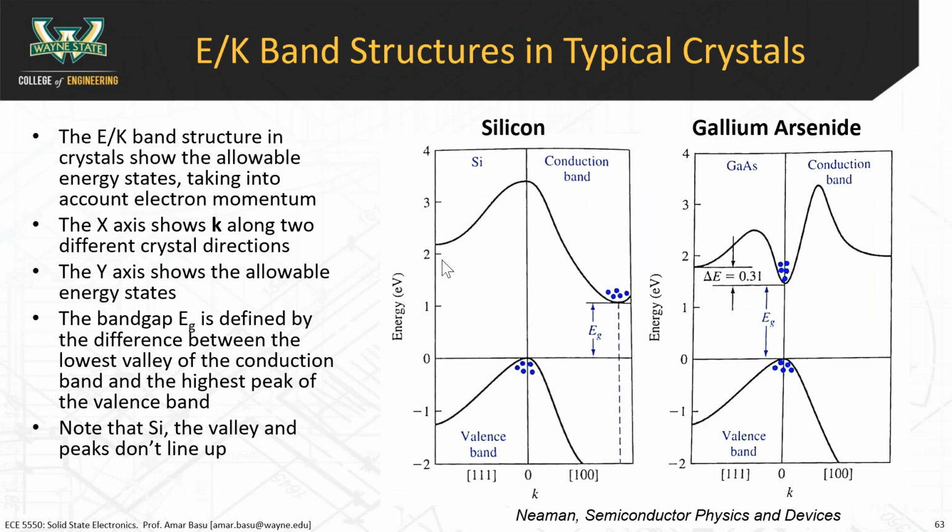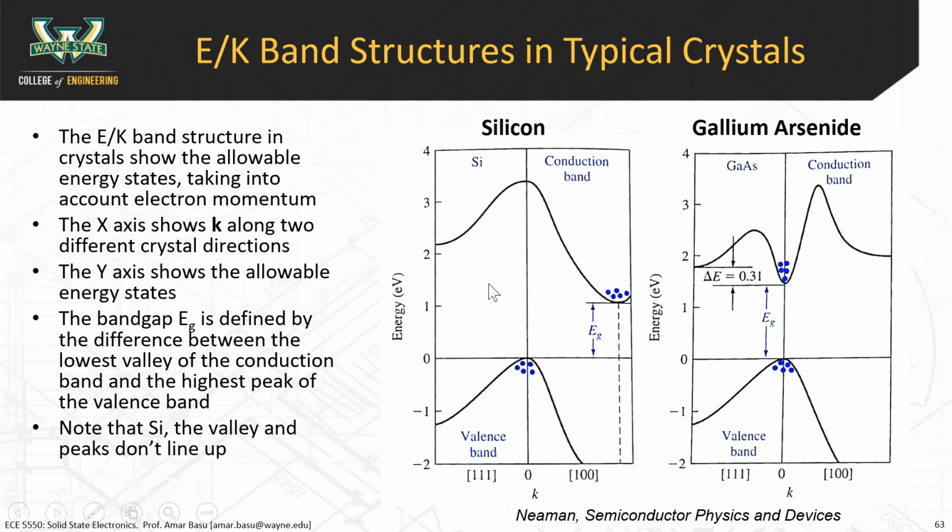So let's look at the E versus K band structure in typical semiconductor crystals. Again, the x-axis is showing momentum, the y-axis is showing the energy. But there's a point about these graphs that gets a little bit confusing.